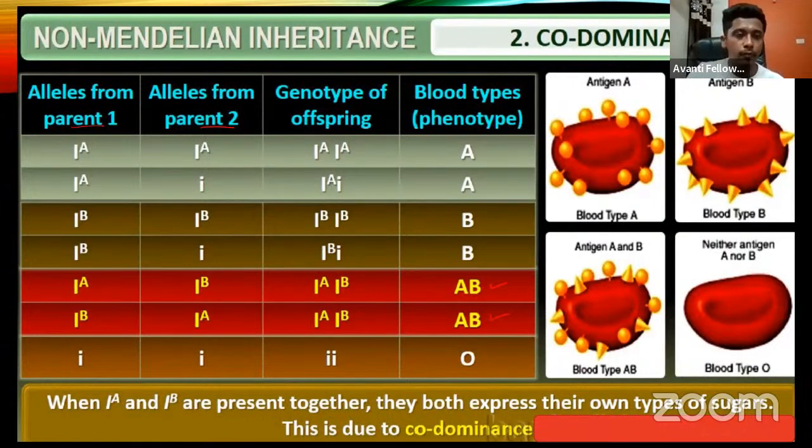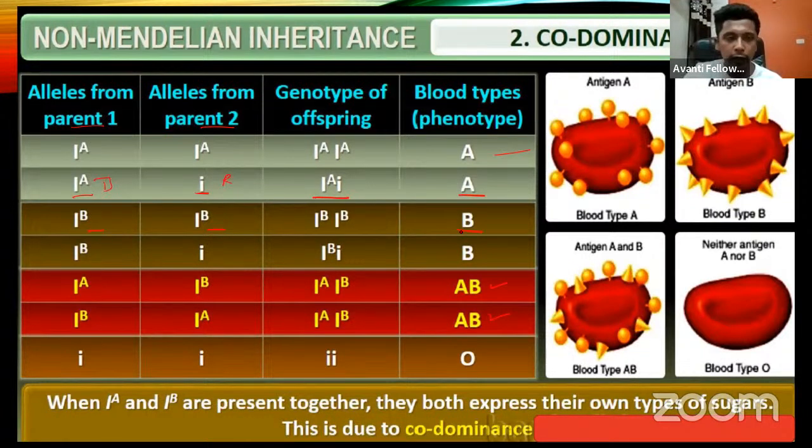See here, if parent 1 is IA and parent 2 is IA, then we have IA IA and A blood group. And here, IA and small i. If one of the parents has IA, which is dominant, and then a recessive, even in a heterozygous condition we get A blood group. Then we have B, and then another B, which is dominant.